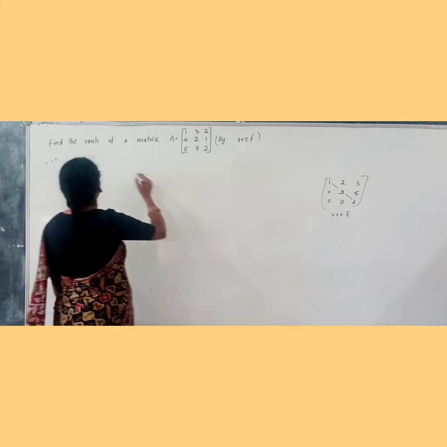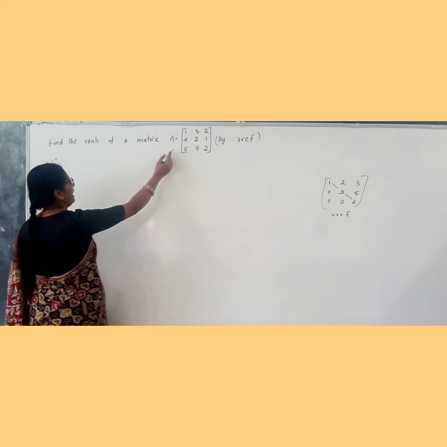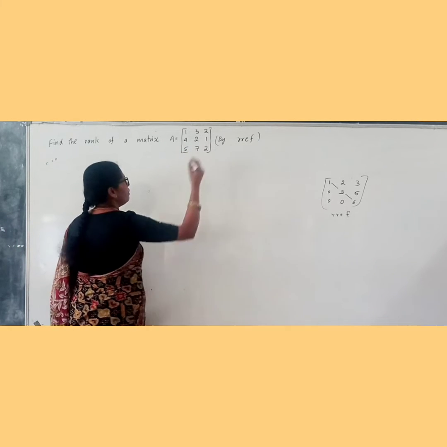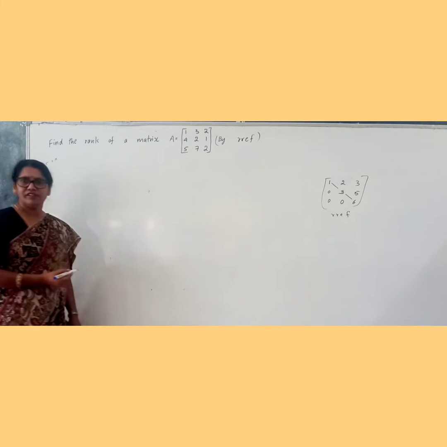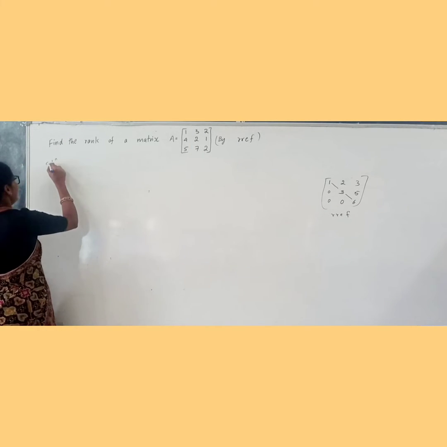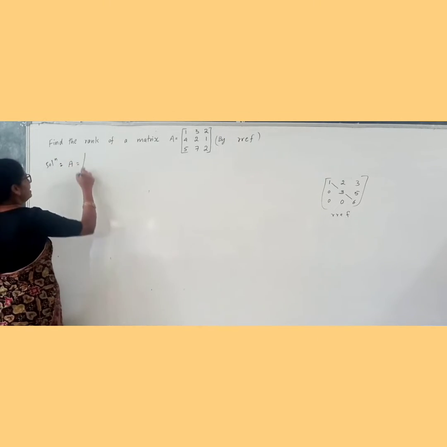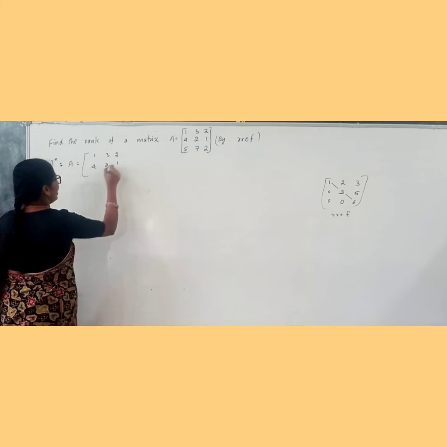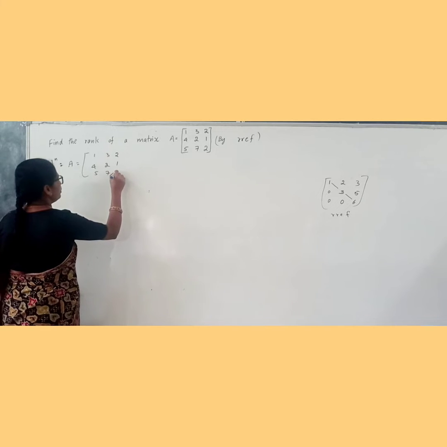Find the rank of the matrix A = [1, 3, 2; 4, 2, 1; 5, 7, 2] by row reduced echelon form. Now let me consider the given matrix. So the given matrix is A, equal to 1, 3, 2, 4, 2, 1, 5, 7, 2.